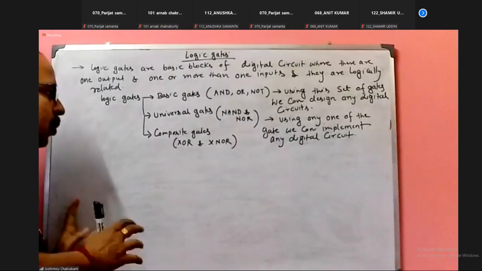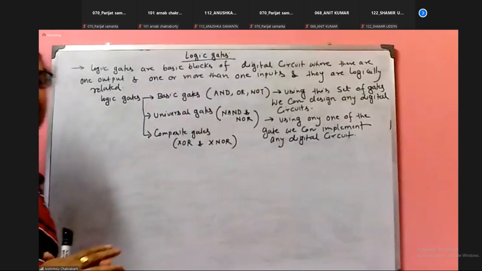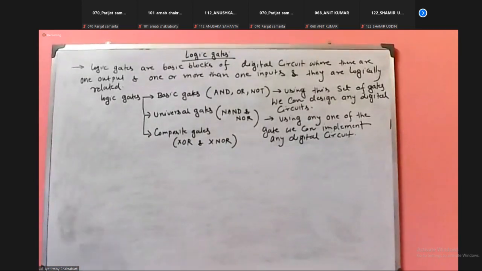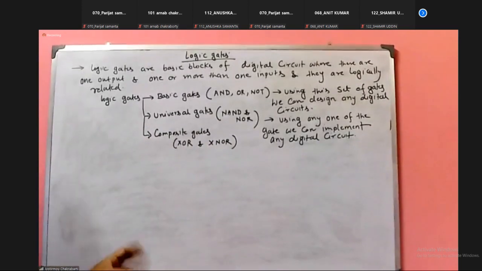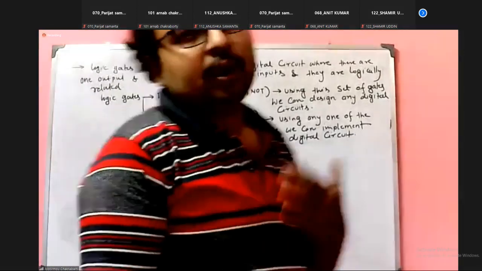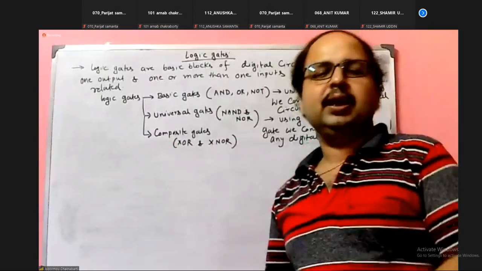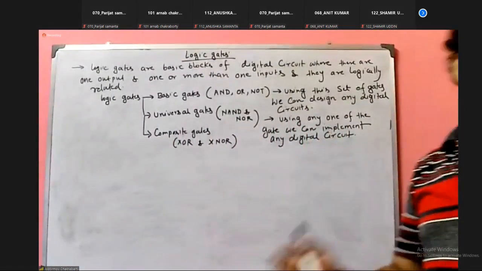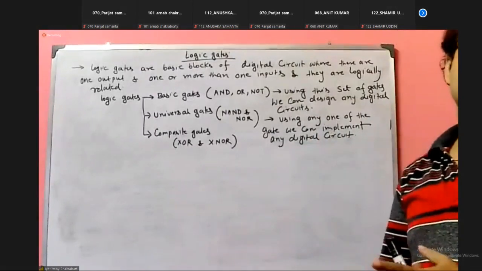I have discussed all details of these gates, including the logic symbol, the input-output expression, their truth tables, and their IC numbers in lab.